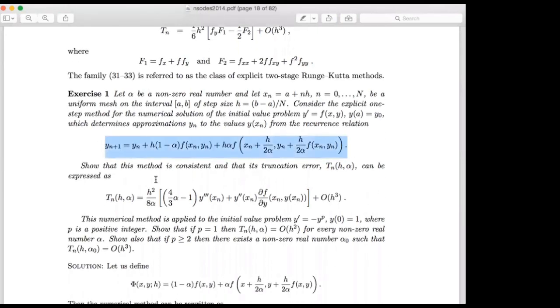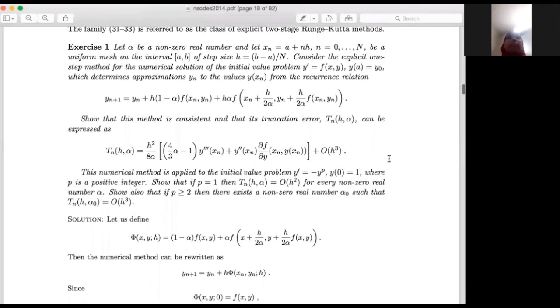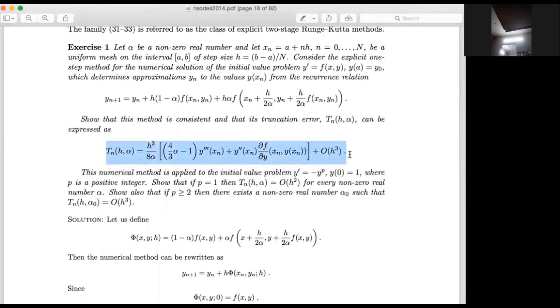Then what you need to do is show that this method is consistent. So you need to find the truncation error, and then show that as h tends to 0, if tn tends to 0, then the method is consistent. Am I right? You will find tn in this format.